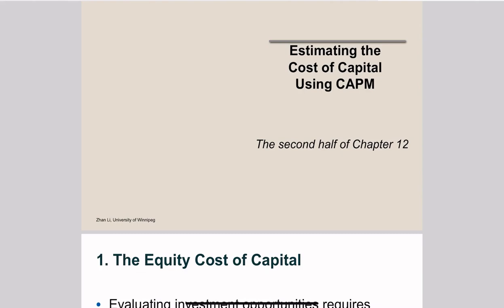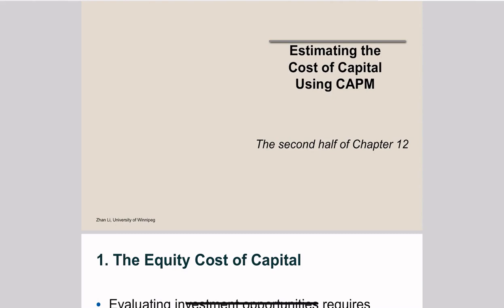We talked about how to calculate the expected return, the average return, the standard deviation and variance, and then we talked about efficient portfolios and the volatility of a portfolio, and then we introduced the CAPM. Right? What's the purpose? The purpose is always about calculating the cost of capital, because this is a corporate finance class, right?